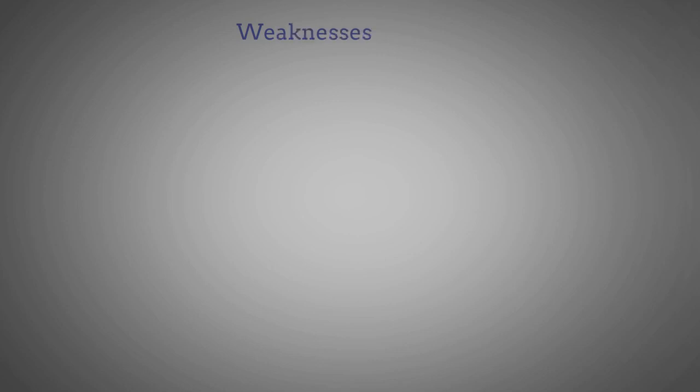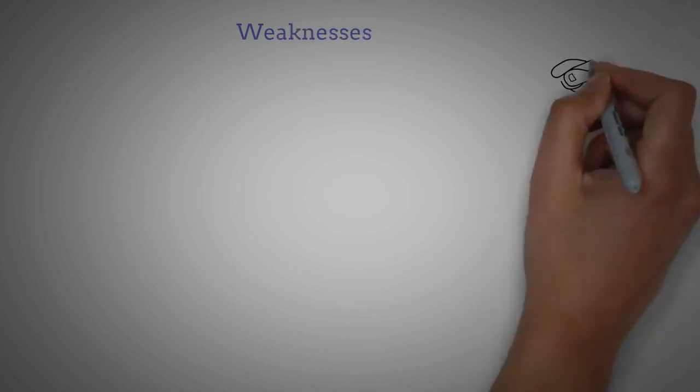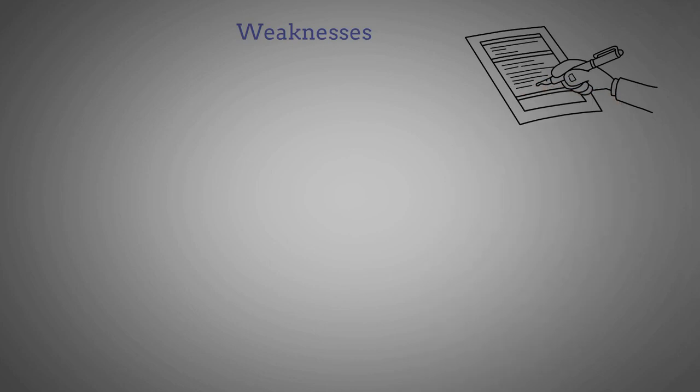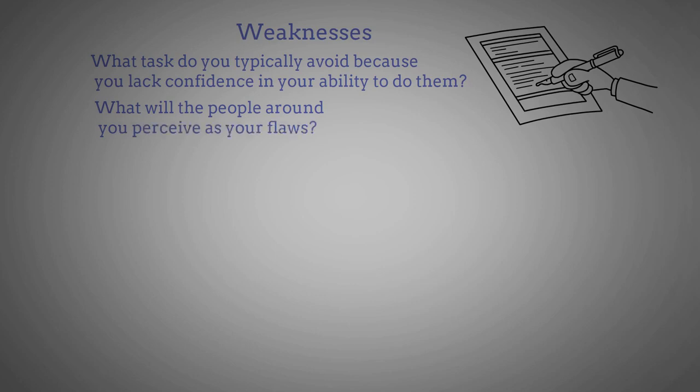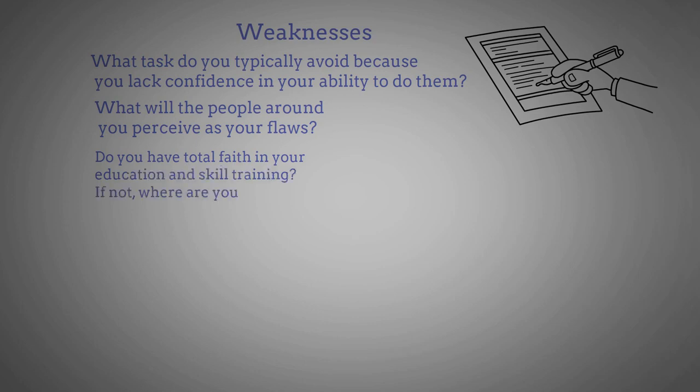Weaknesses. So what are my weaknesses? Note down answers to these questions. What tasks do you typically avoid because you lack confidence in your ability to do them? What will the people around you perceive as your flaws? Do you have total faith in your education or skill or training? If not, where are you most vulnerable? What are your negative work habits?